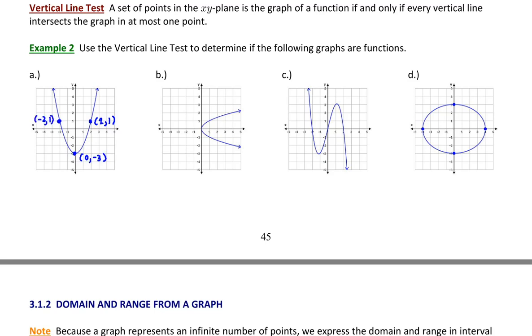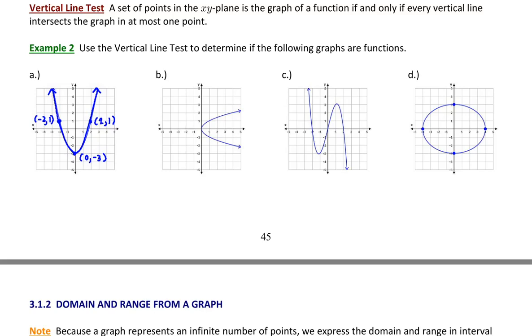But it would take us a really long time to list the ordered pairs that belong to this relation because we have a continuous curve here. So we're looking at every possible point between the ordered pairs. Also observe that there are arrows on the end of this graph. So this smooth curve continues even beyond what we can see. So we have an infinite number of ordered pairs represented on this snapshot of a graph.